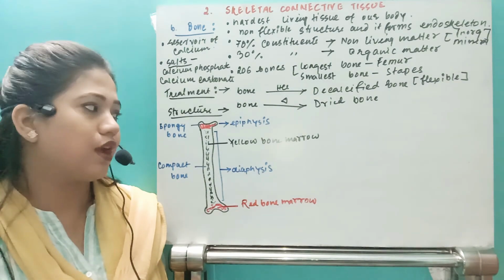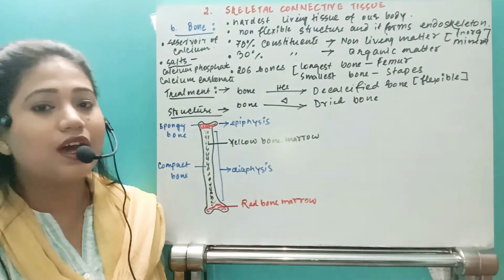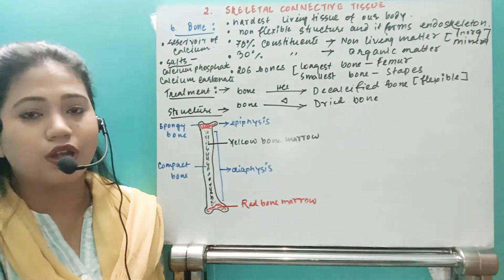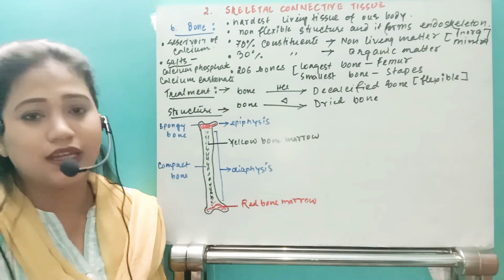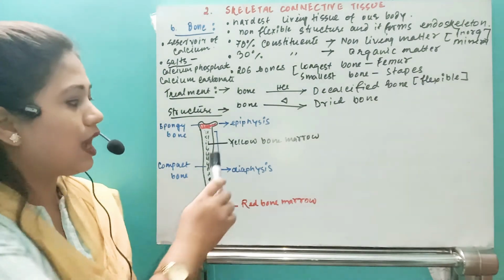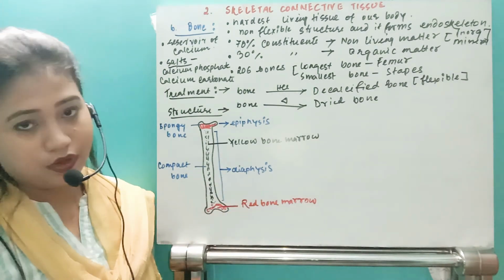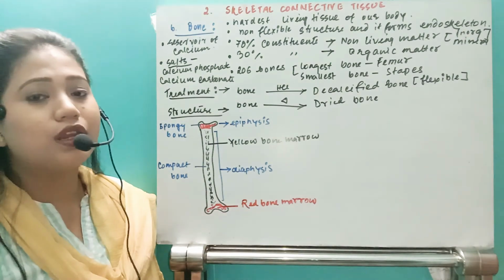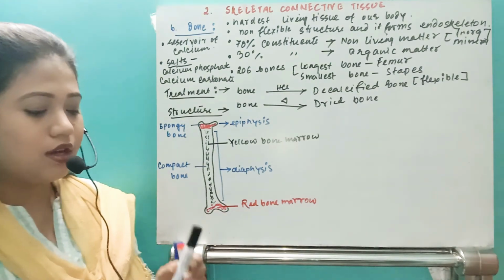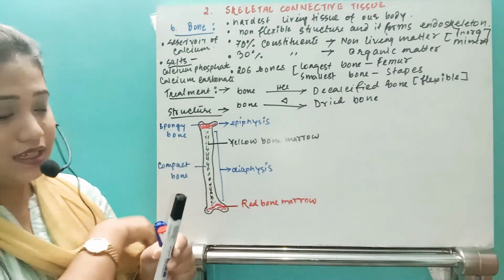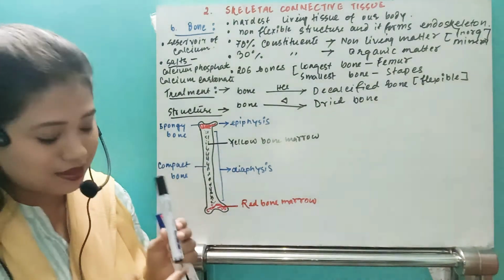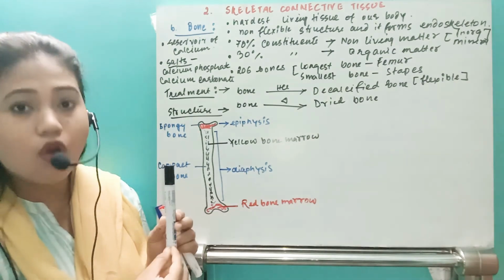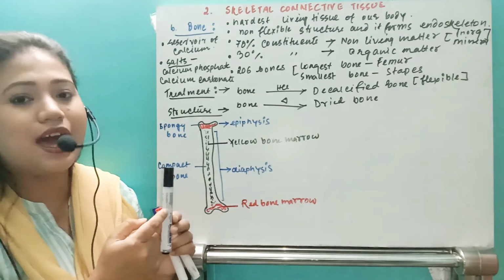So we are going to see adipose tissue, which basically stores the fat. So it appears yellow in color, right? And this is the red bone marrow only in the epiphysis region. Remember, in a bone the ends will be known as epiphysis, and this long shaft part will be known as diaphysis.